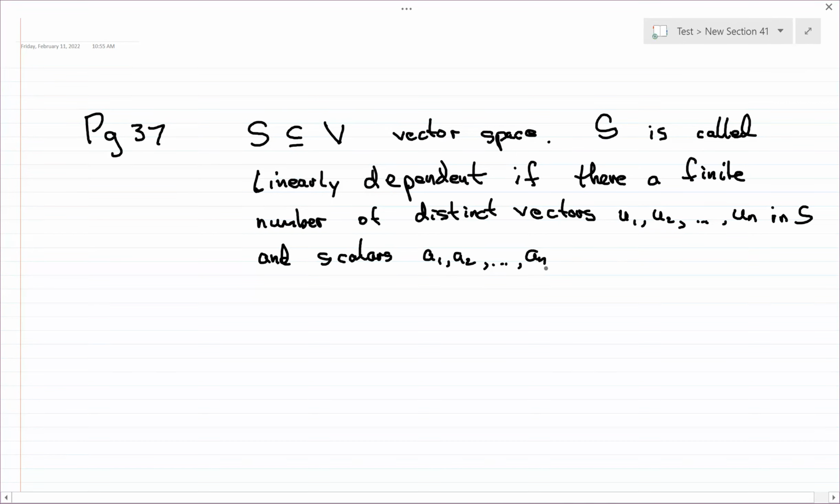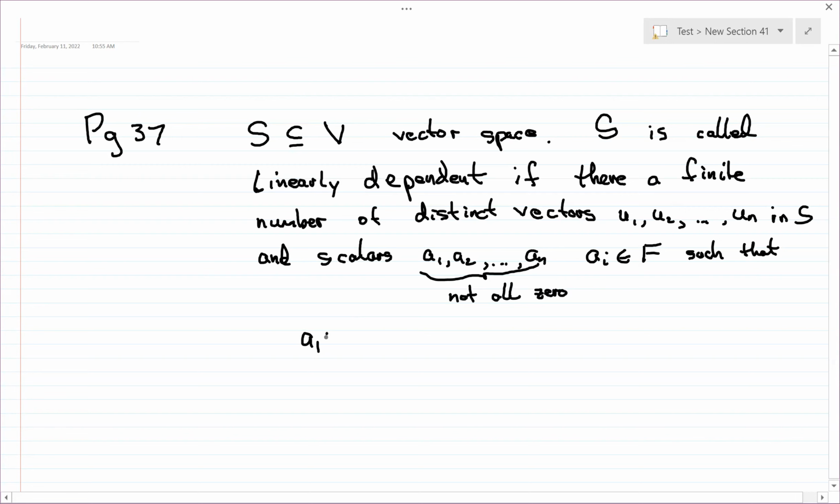So these are scalars, they're in the field. I guess I could say that the Ai would be in the field, usually the reals from what we've been doing, such that, and the key thing I left off, the constants have to be not all zeros, such that A1 U1 plus A2 U2, all the way up to AN UN, equals the 0 vector.